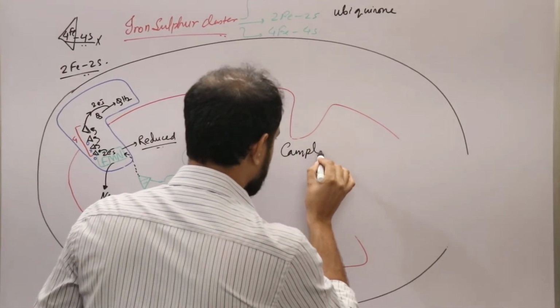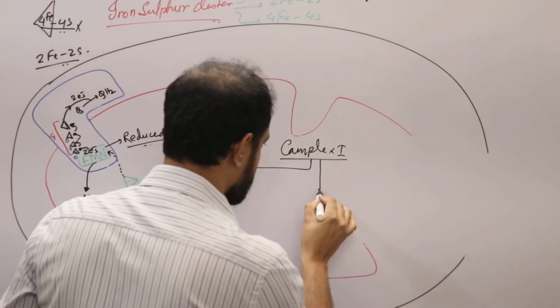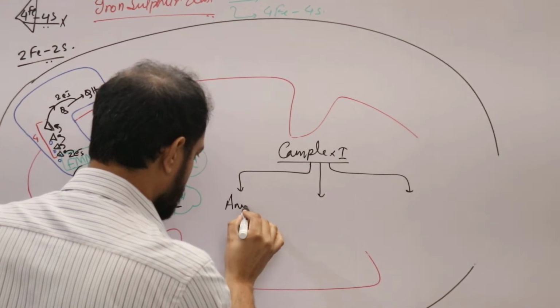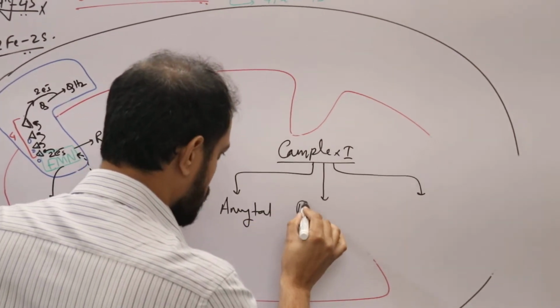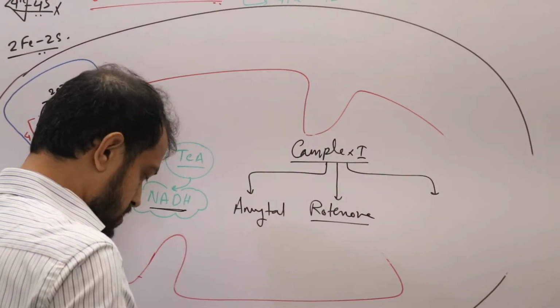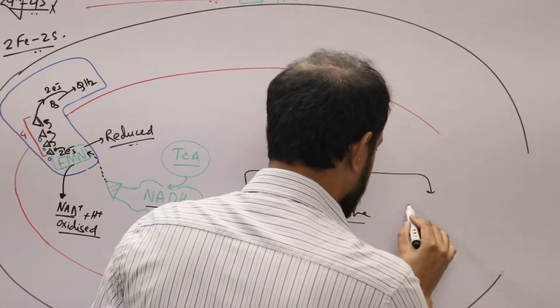Complex 1 has mainly 3 inhibitors, that is amytal, rotenone, which is a plant product, and barbiturates.